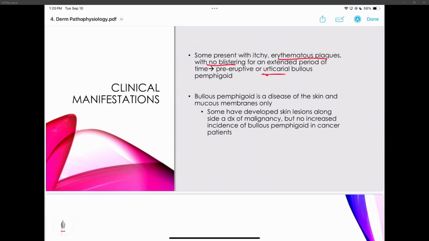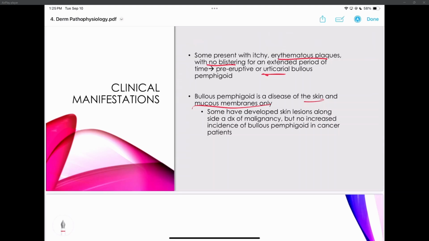So bullous pemphigoid is a disease of the skin and mucous membranes only. Some have developed skin lesions alongside a diagnosis of malignancy, but there's no increased risk of cancer with bullous pemphigoid. But if you have cancer, you may develop bullous pemphigoid.